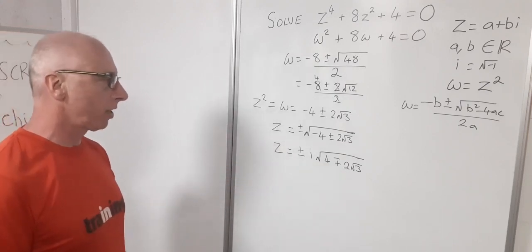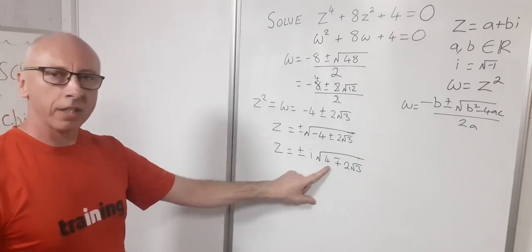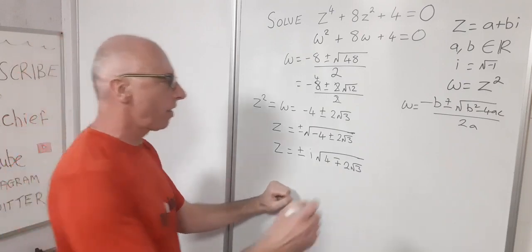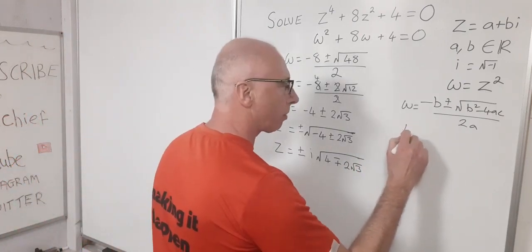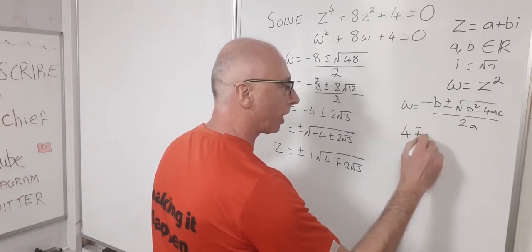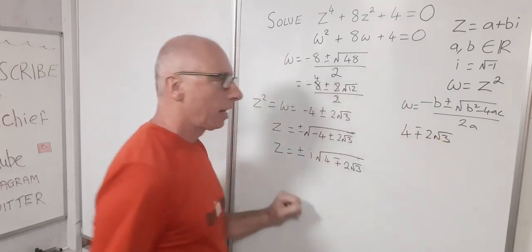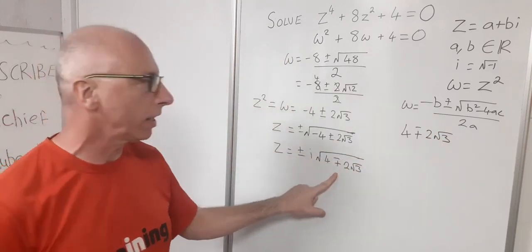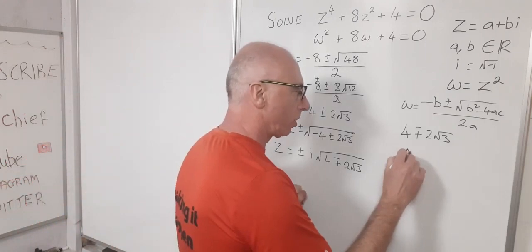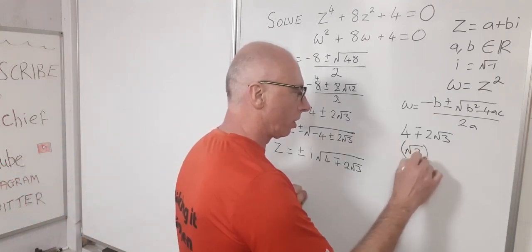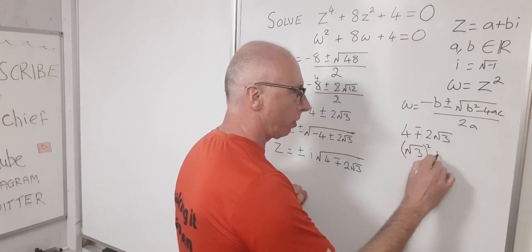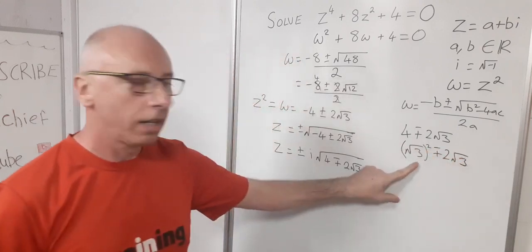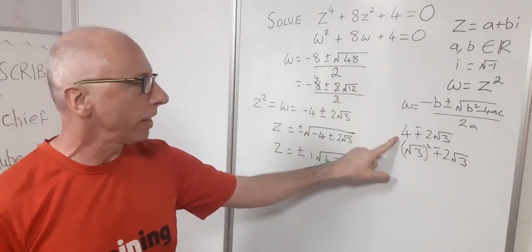Why don't I rewrite this 4 plus or minus 2 root 3 like this: I can write it in terms of the square root of 3 squared, and make it a quadratic. So I write the square root of 3 squared plus or minus 2 root 3, and the root 3 squared is 3, so I can add 1.